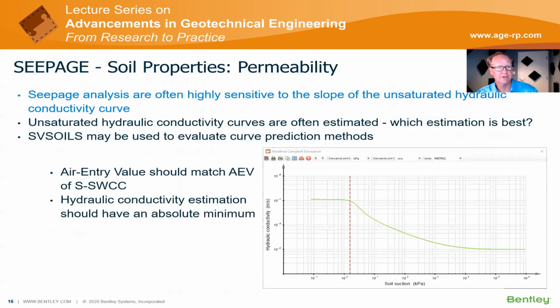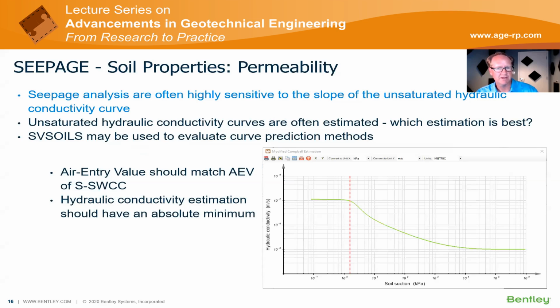In terms of permeability, seepage analyses are very sensitive to the slope of the unsaturated hydraulic conductivity curve and the minimum. So which estimation is best? We provide a number of ways to estimate this curve. Generally, it falls off with unsaturated conditions, which is okay.